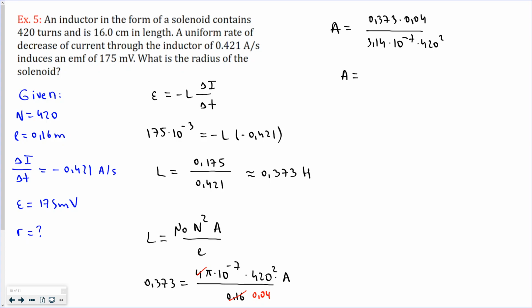So let's calculate. Wait a minute, I will use a calculator. So the answer is 0.269 meters squared. You can check it by yourself using a calculator.